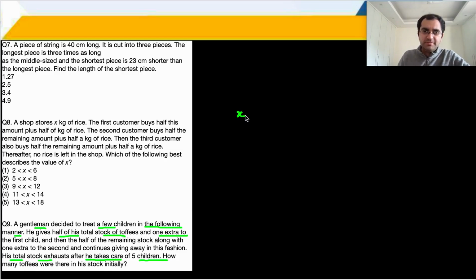So, for example, if he has x, he gives half his stock plus 1, and when you subtract this, x minus (x by 2 plus 1), after one round he is left with x by 2 minus 1, right?